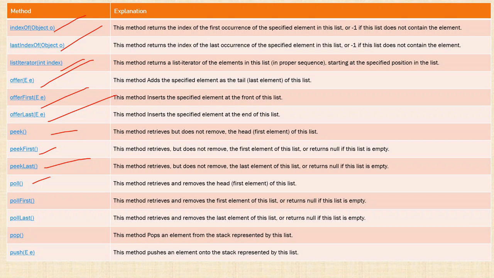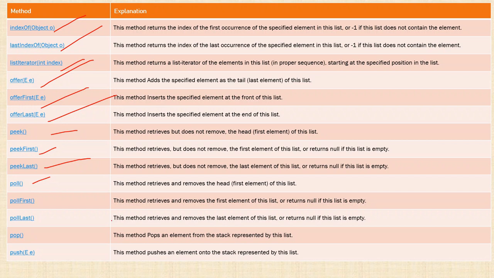And poll, this method retrieves and removes the head, the first element of this list. So it will remove the first element and also return it.